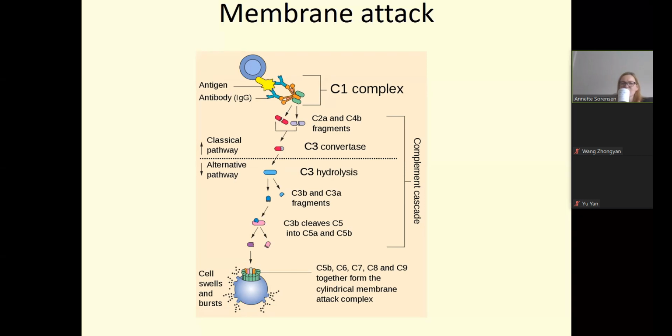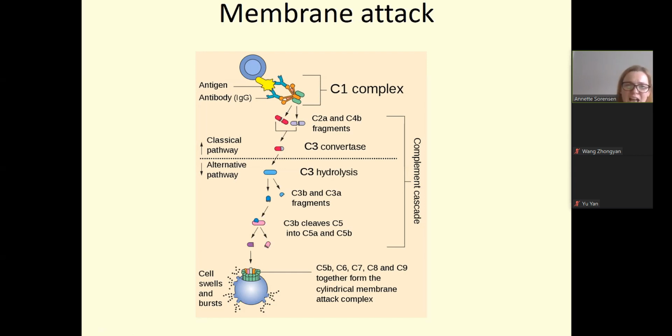So what you actually see here is the complement system killing a bacteria that in this case has actually been tagged by an antibody. So you can see there's an antibody up here which is bound to an antigen on a bacteria or whatever pathogen this might be.